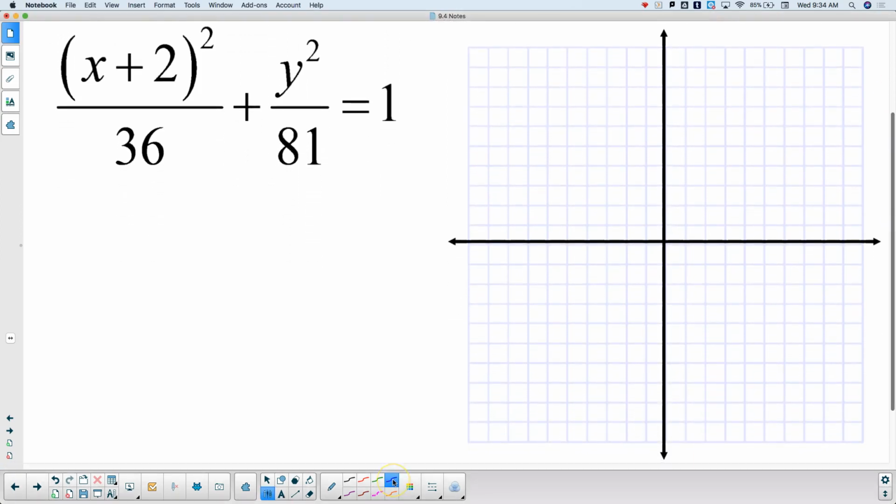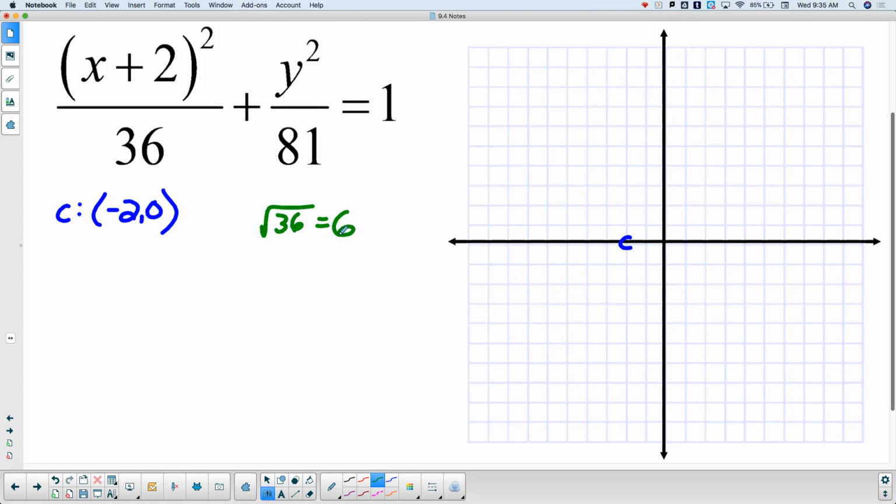Center. A squared. 6. A squared, 36. So I take the square root of 36, which is 6.